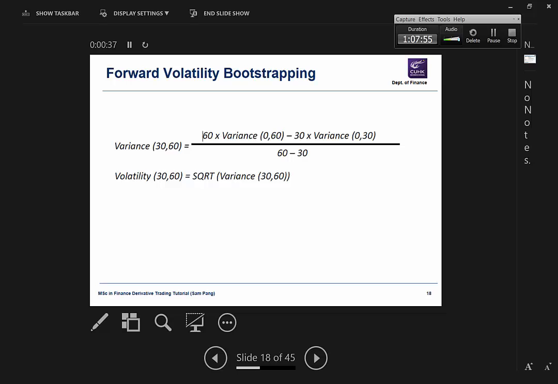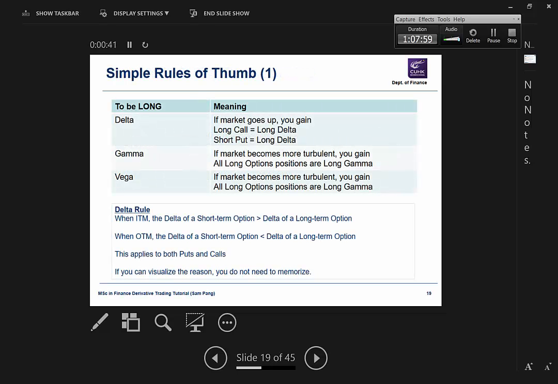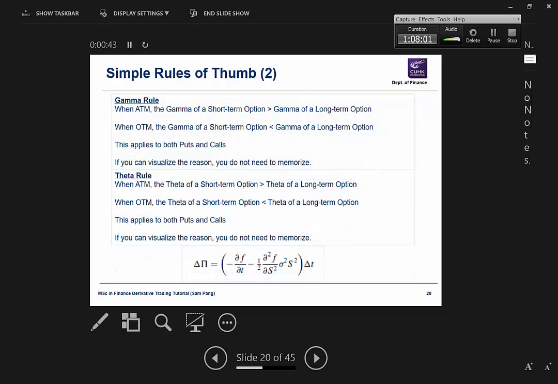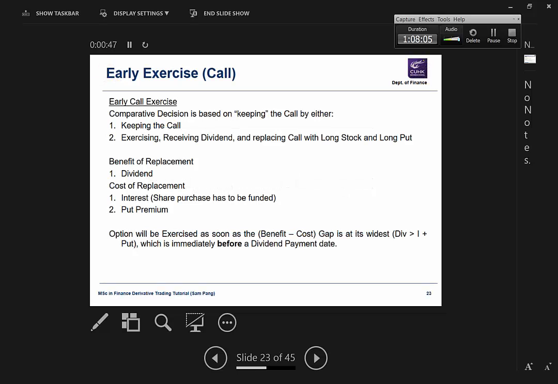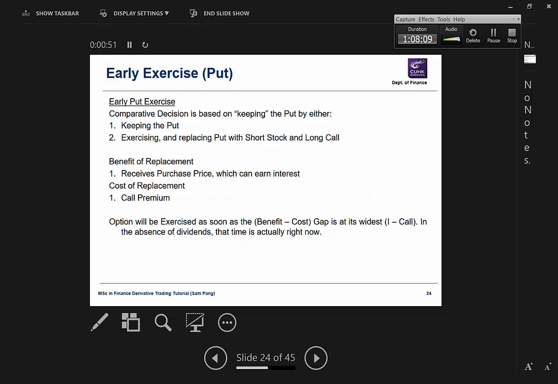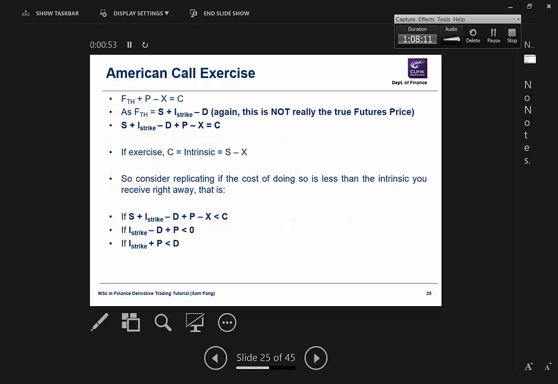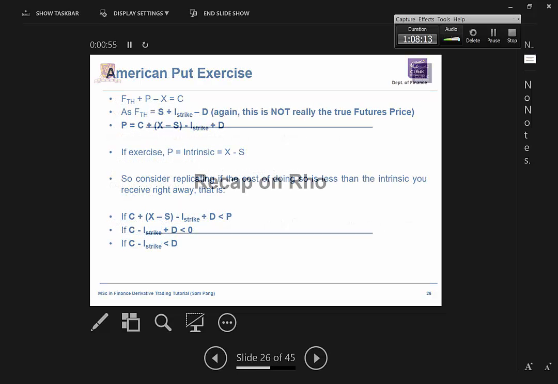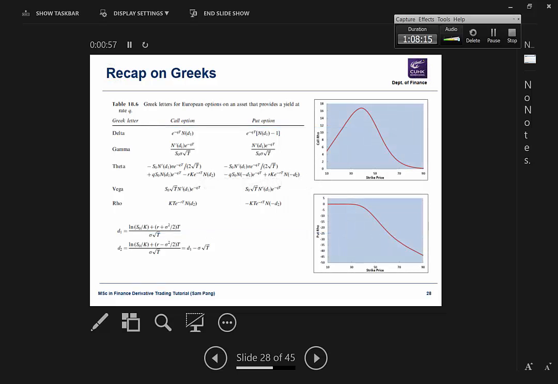This is the forward variance formula. These rules I have told you about already. Early exercise, we talked about that last time. I will go through those questions. American call exercise, rho.